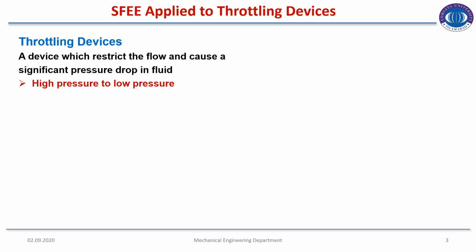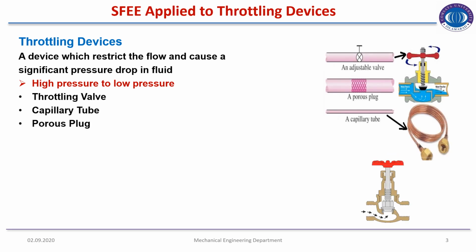So it will convert a high pressurized fluid to a low pressurized fluid flowing through the throttling device. The examples of throttling devices are throttling valve, capillary tube and porous plug. These are the three examples which are mentioned in your book.